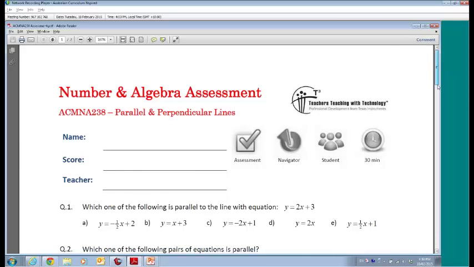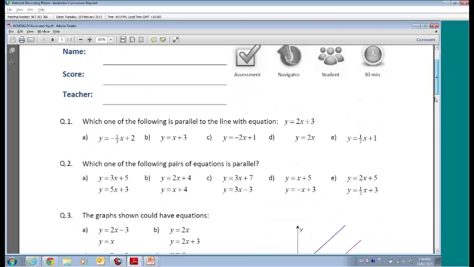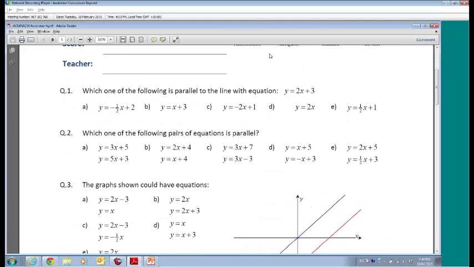So we've duplicated them. So the first one you see, which one of the following is parallel to the line with equation 2x plus 3? These tests are free. You can download them, photocopy them, and give them to students. They're just a one page, two sides, and we also include the answers just in case you didn't want to work them out for yourselves. So again, free resource, all on our website.